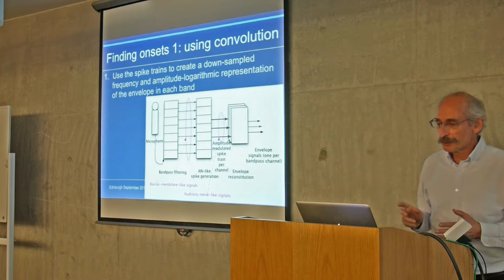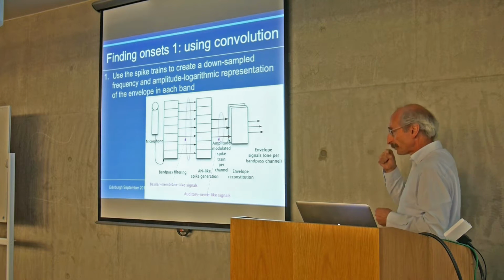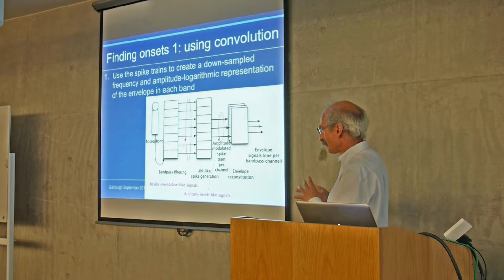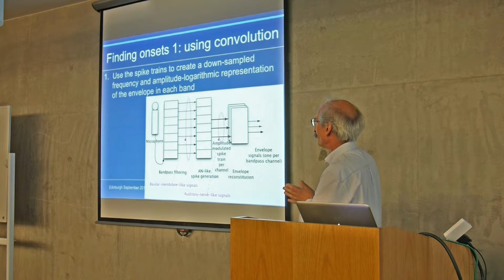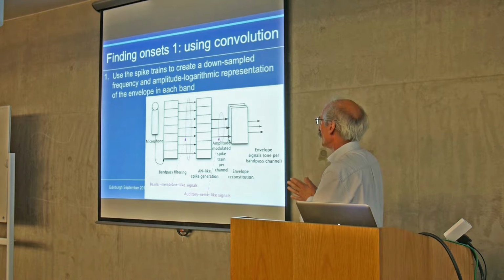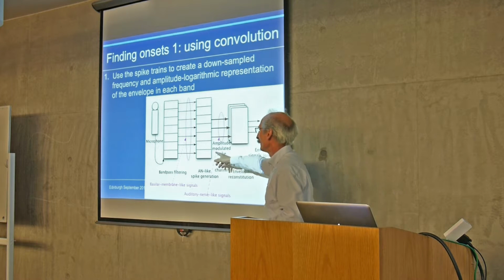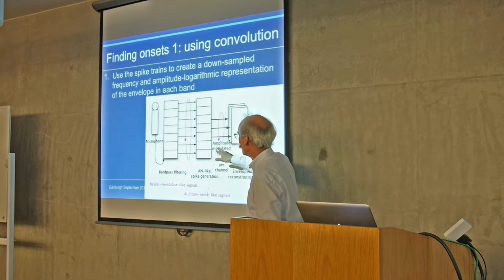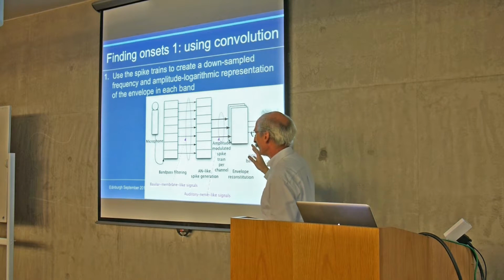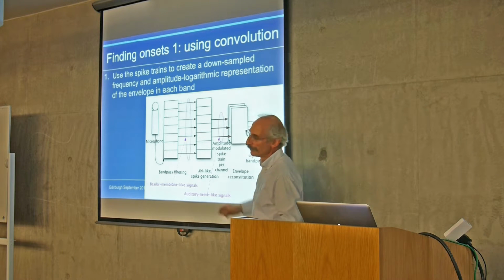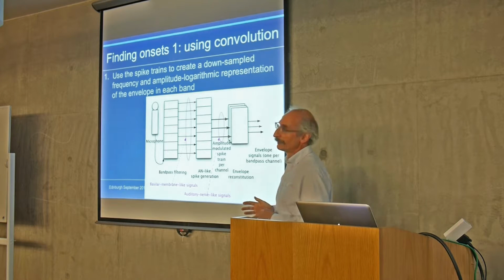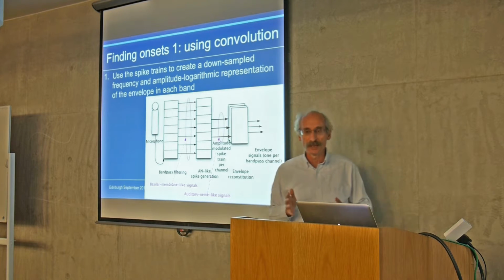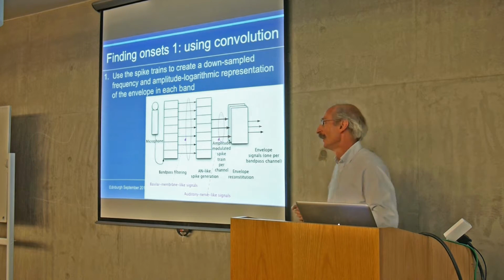So, using convolutions, we started with this spike-like signal, and then we downsampled it a little bit, down to about 5 milliseconds, because these spikes are coming out at any time, depending on the rate at which you digitize the signal originally.